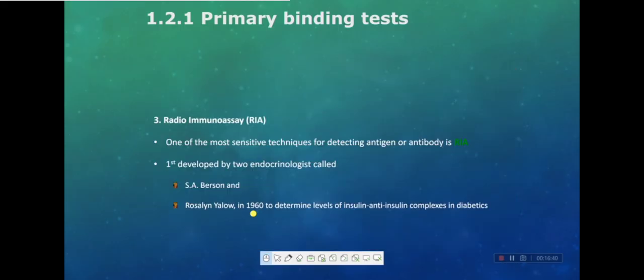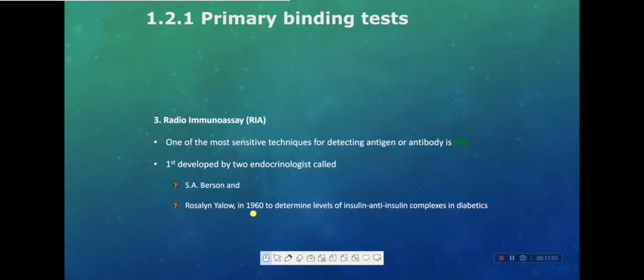This is clear. Now talking about the RIA, which is radioimmunoassay. Radioimmunoassay is a competitive immunological test which is performed for measuring very low concentrations of antigens or antibodies by using radioactively labeled antigens as the competitors, right?